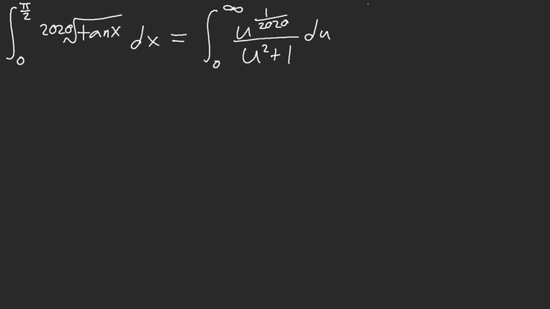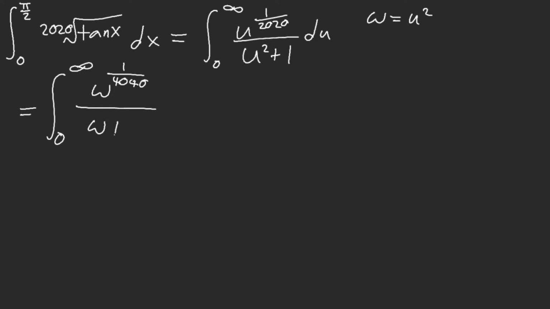So in other words, let w equal u squared, so that this would just be simply w plus 1. And so now we have from 0 to infinity, this would be w to the 1 over 40, over w plus 1. And then we would also have times 1 over 2 root w, so we would have 1/2 times w to the minus 1 half.